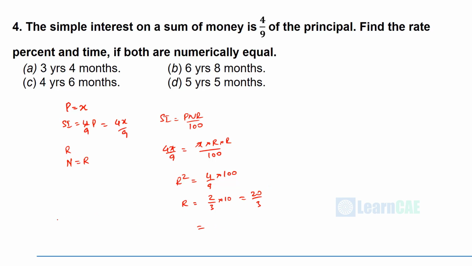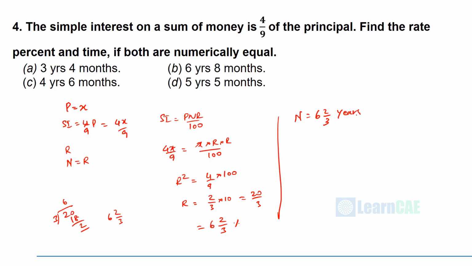We have to write it in mixed fractions. 20 by 3: 6 3s are 18, balance is 2. So this is 6 2 by 3. Rate of interest is 6 2 by 3 percent. Similarly, N is equal to 6 2 by 3 years.